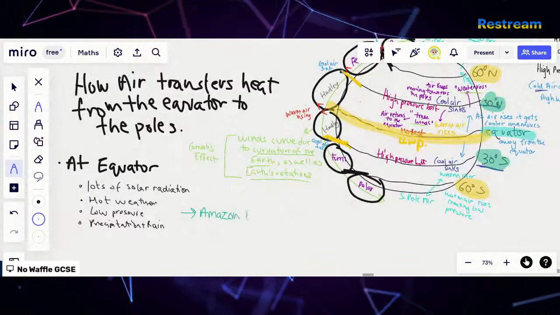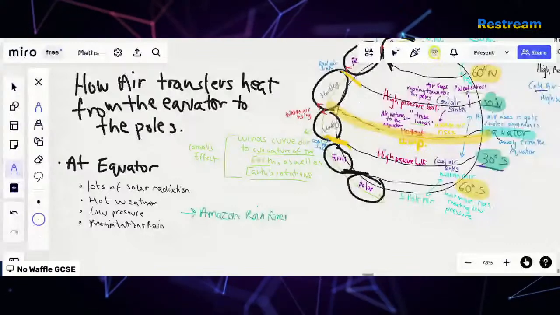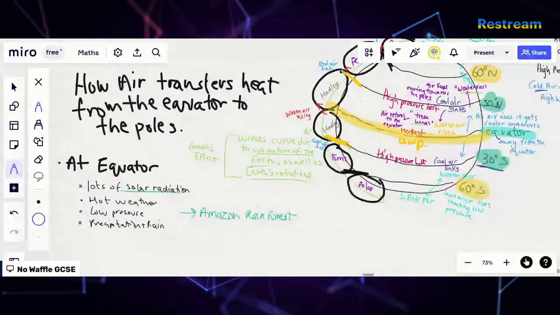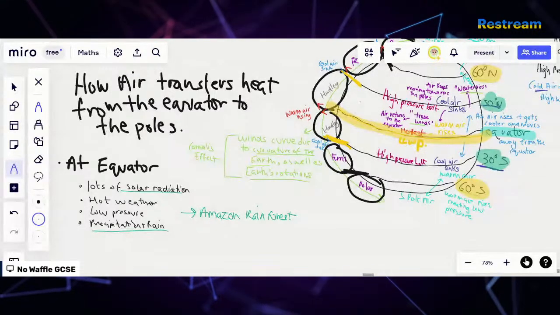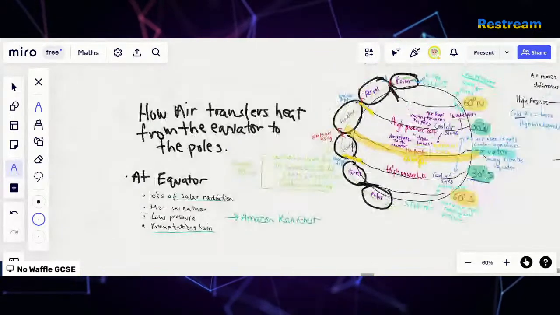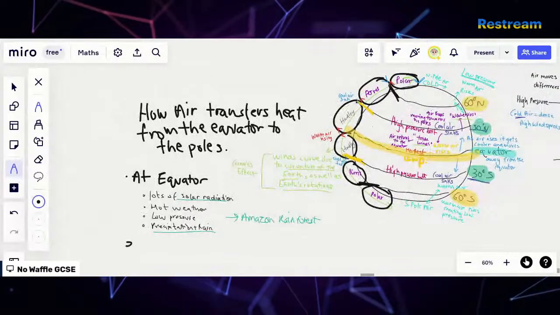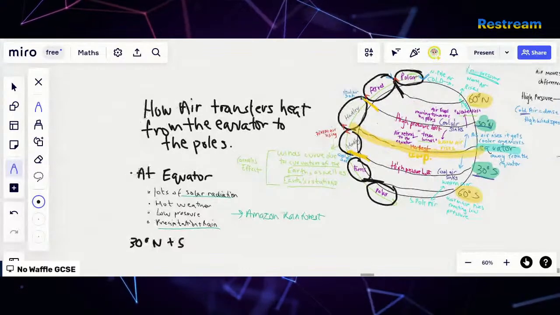So the Amazon rainforest largely exists around the equator. And we know that there's lots of solar radiation, which explains loads of plants, but there's also lots of precipitation and rain, which also explains how there's loads of plants being able to grow there. Now, we know that 30 degrees north and south of the equator, it's where the cool air sinks and it's high pressure.